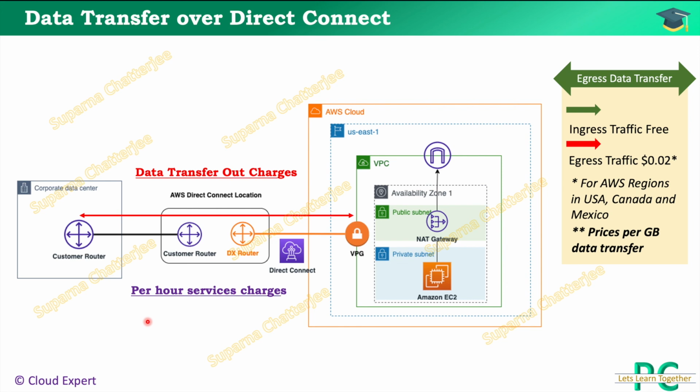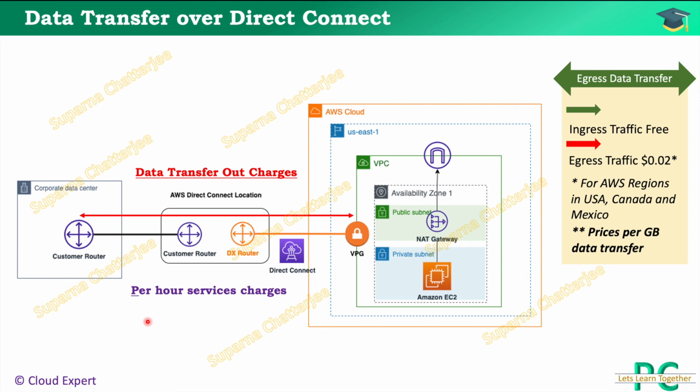Per hour service charges will be charged based on the number of connections you have. If you have more than one Direct Connect connection, then the charges will be per Direct Connect connection. Now if I summarize, let's say you have two Direct Connect connections. In that case, you will pay per hour service charges per Direct Connect connection, and you will pay data transfer out charges cumulatively over the Direct Connect connections.